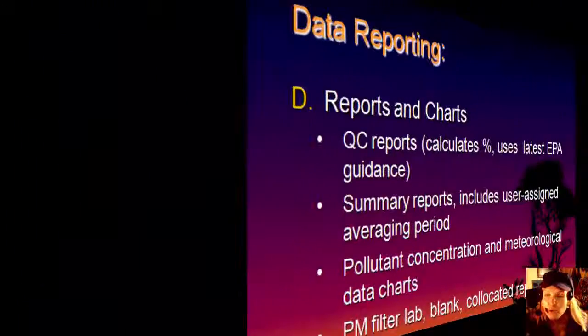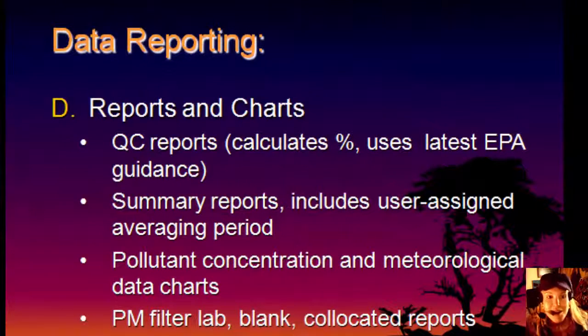Then the fourth really cool function of the toolbox are the reports and charts. Angelique has coded a wonderful variety of customizable reports and charts, including graphs of multiple parameters over time, including summary reports of the data that you've imported, and creating summary statistics over whatever time period you want.